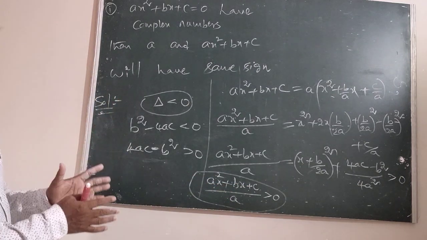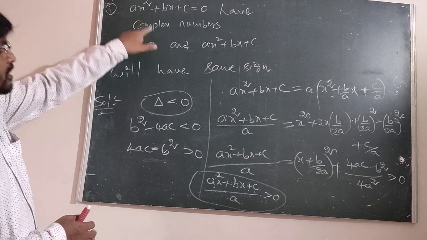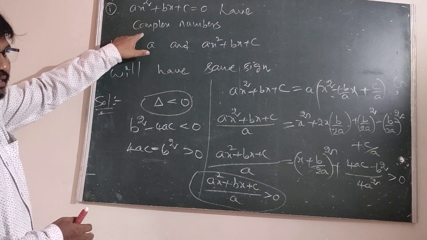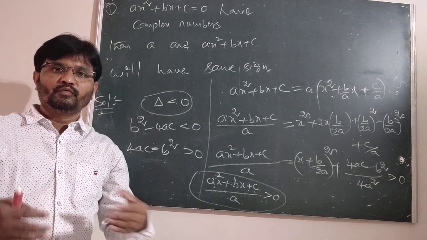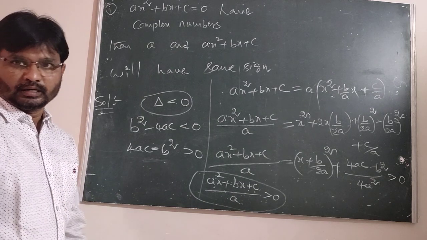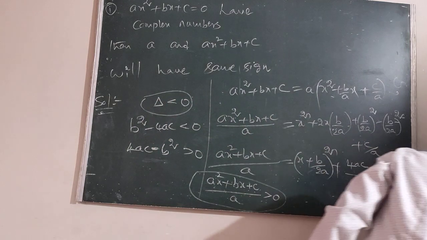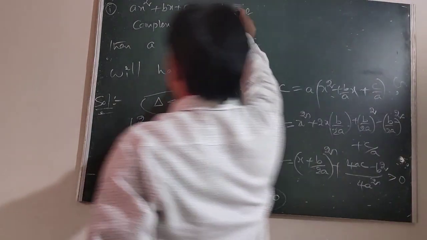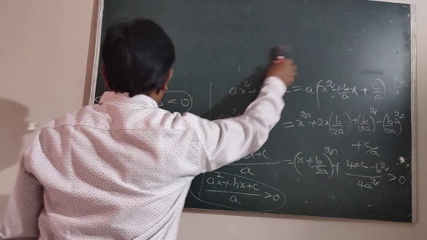Therefore, if the coefficient of x square is positive, in the case of conjugate complex roots, undoubtedly the expression is positive for all real numbers. Okay. Next statement. We can prove the next statement.